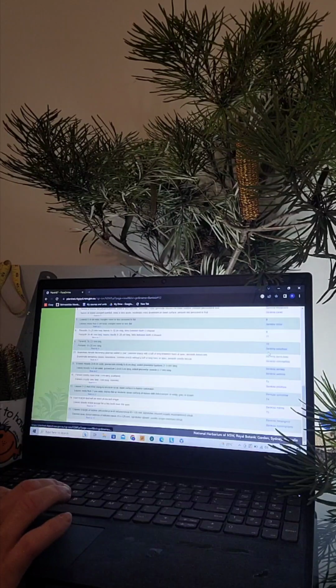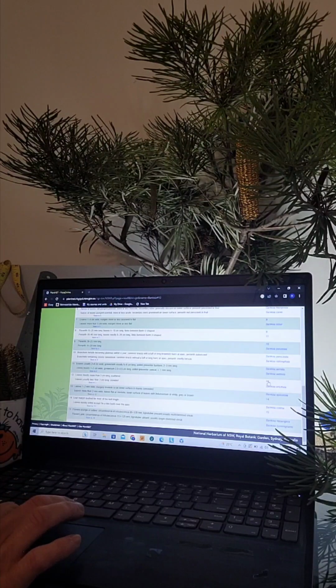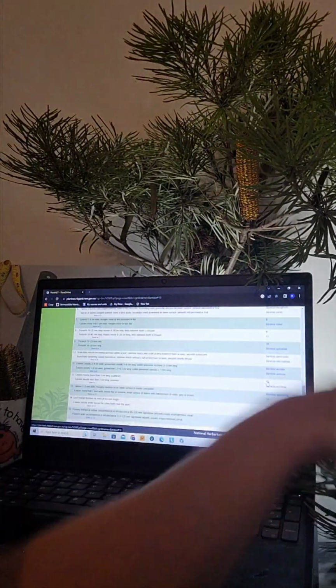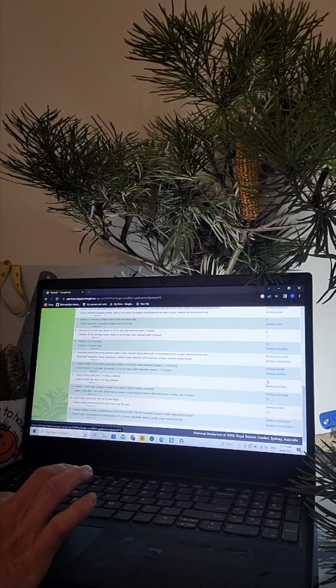So we're going to go to 12. Okay, so losing my voice here. Leaves more than 3 centimeters long, scattered, or leaves usually less than 2 centimeters long, crowded. We are definitely 13 because we have scattered little leaves here up the stem.